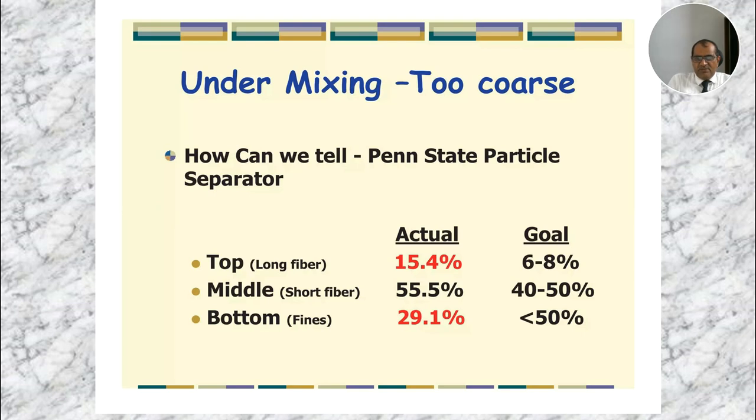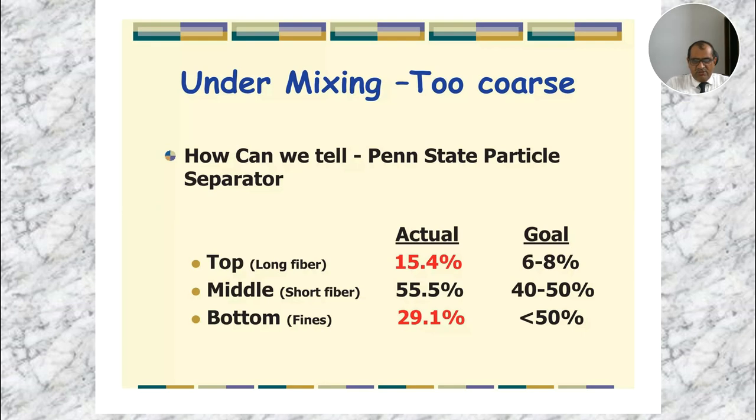So as usual, undermixing is too coarse or brittle in nature. The actual top long fiber layer is 15.4%, but it should be reduced to the extent of 6 to 8%, whereas the middle is 55.5%, but the goal is 40 to 50%, and it has to be reduced by a minimum of 5%.